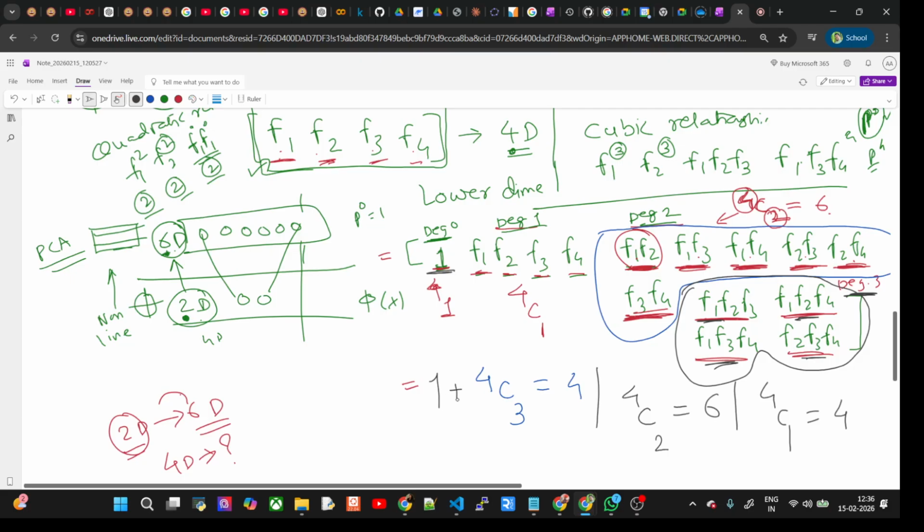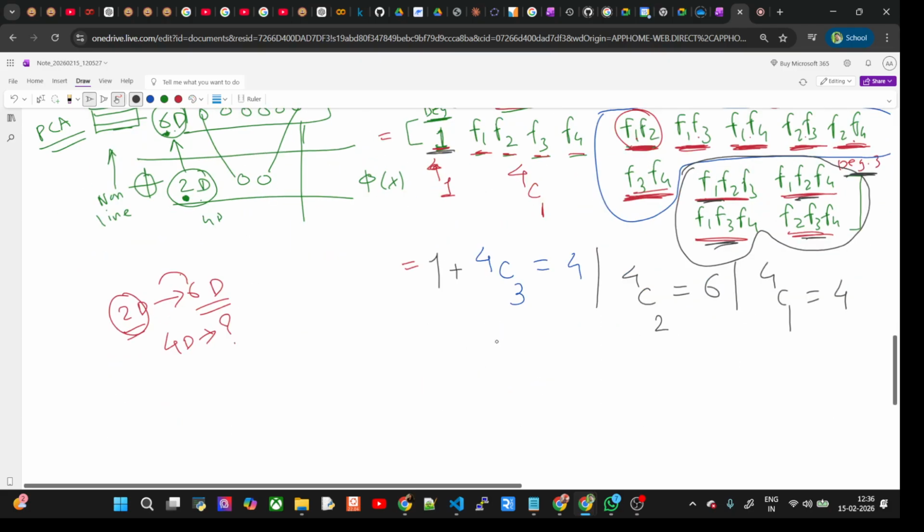So if you do the calculation now, 1 plus 4C1, which is 4, plus 6, and plus 4, you get a total of 15.